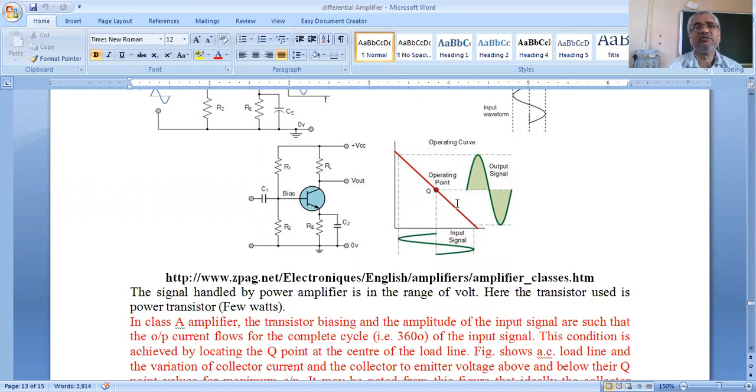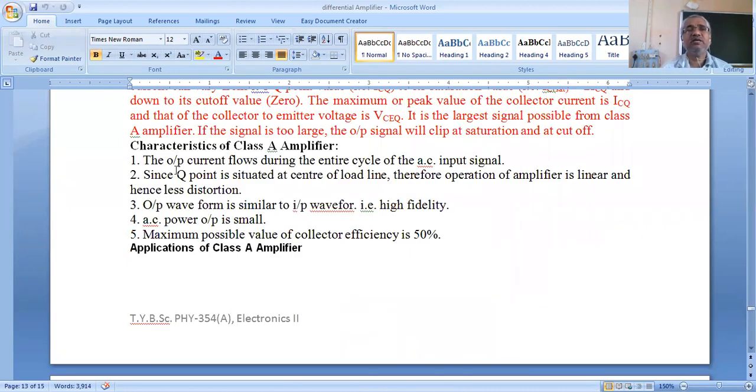Remember, the characteristics of this class A amplifier are that the output current flows during the entire cycle of the AC input signal. Means for a complete cycle of the input signal, the collector current or output current flows. Q point is situated at the center of the load line. Therefore, operation of the amplifier is linear. There is no non-linearity in the operation of this amplifier.